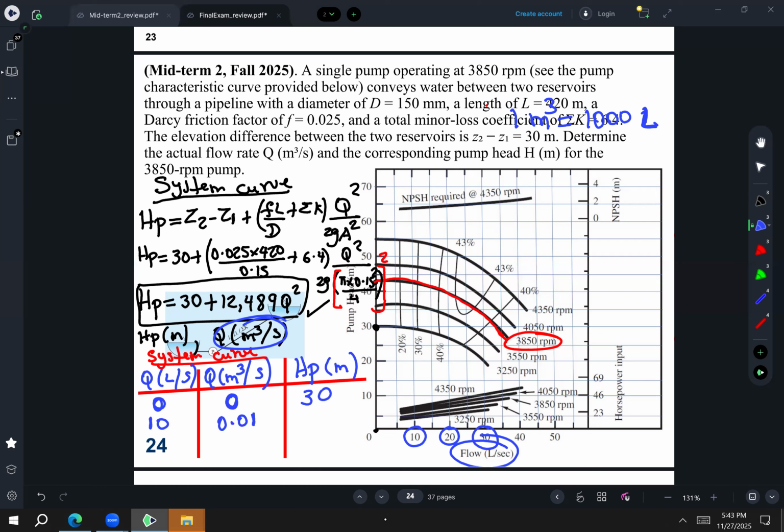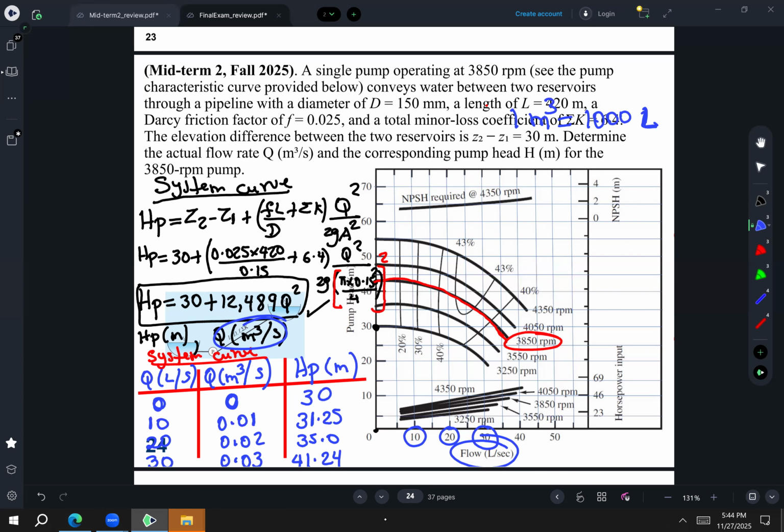That will give me a value of 31.25. If we do the same for the flows 20 and 30, these will be 0.02 and 0.03, and these values will be 35 and 41.24.